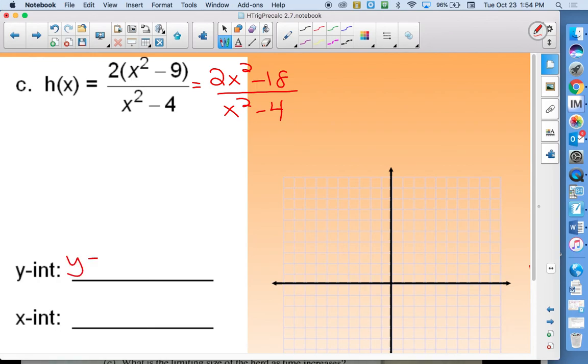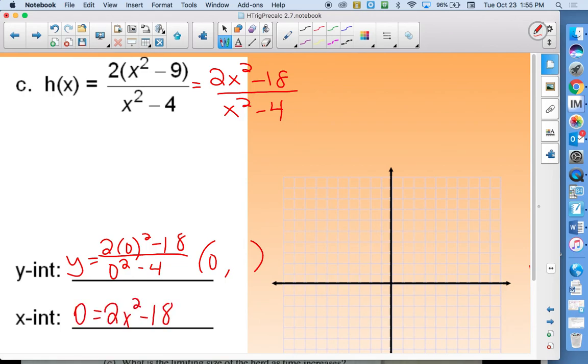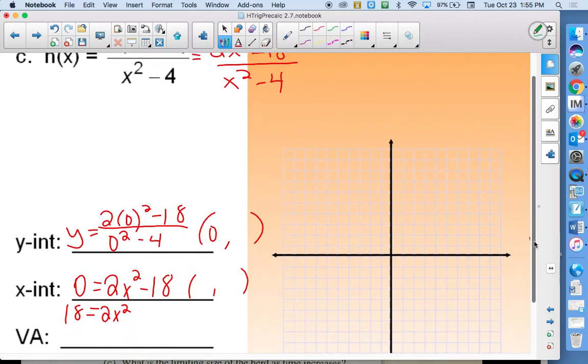So a y-intercept would be 2 times 0 squared minus 18, over 0 squared minus 4. Anyone have the y-intercept? 9 halves, yeah. So it's negative 18 over negative 4, which is 9 halves, not 9 fourths.